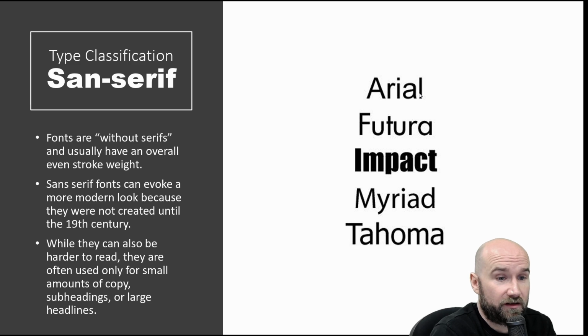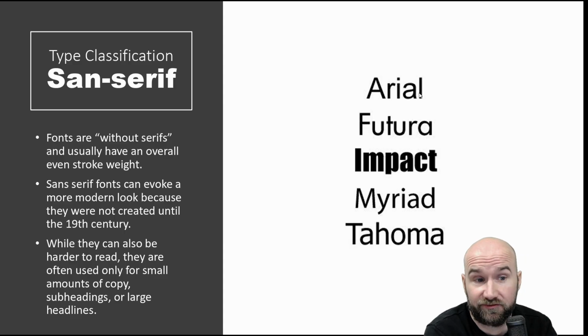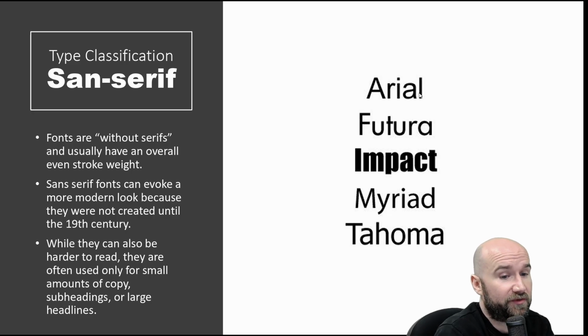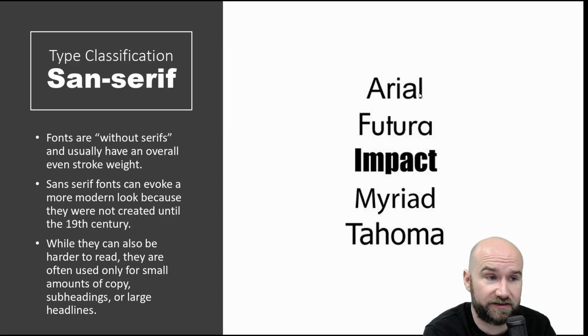They evoke a more modern feel, because they weren't created until the 19th century. So we're going back to printing here really as well. They can be harder to read, so often only used for a small amount of copy, subheadings or large headings.